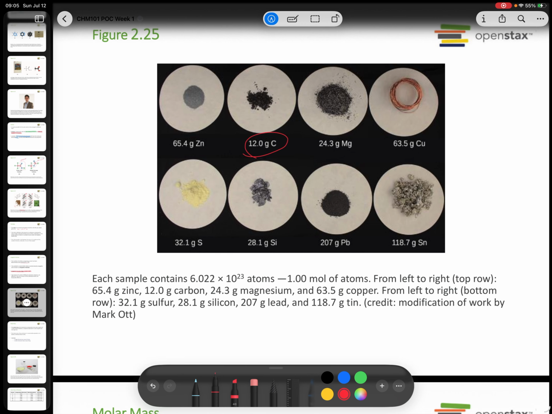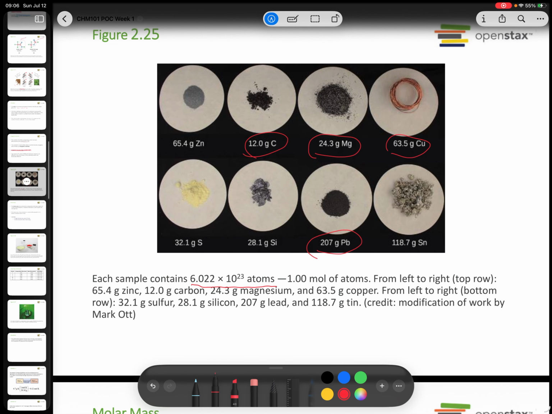Then, 1 mole of magnesium is about 24.3 grams. 1 mole of copper is about 63.85 grams. And 1 mole of lead is about 207 grams, okay? So, yung number of atoms, lahat sila merong 6.022 times 10 to the 23 atoms sa isang mole nila. Pero iba-iba sila ng mass, okay? So, yun yung basic understanding natin dyan dapat.